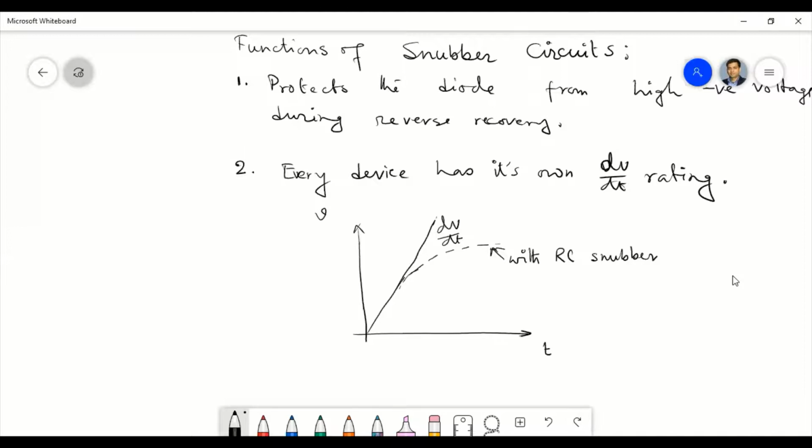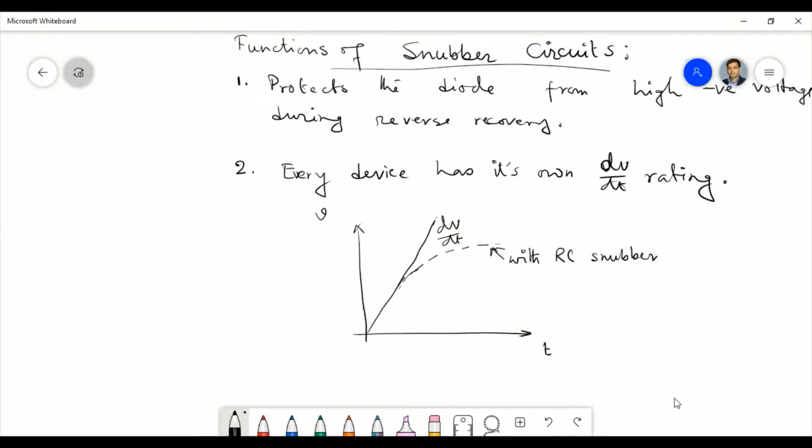But by using the snubber circuit, we can save the device from a very high dVdt. So that is another function of the snubber circuit. For that, in most power electronic devices, we use a separate snubber circuit. So that is the thing related to the snubber circuit.